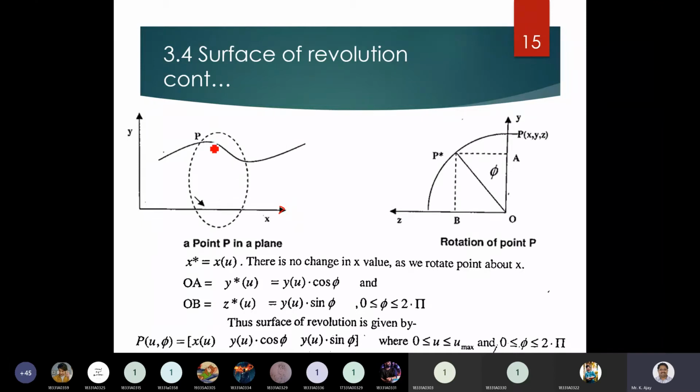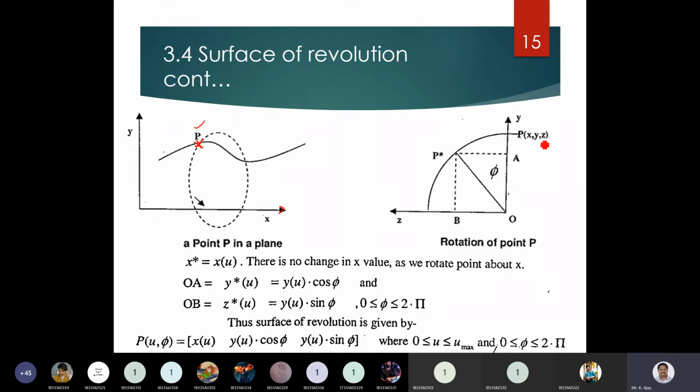When the curve is lying in the xy plane, let us say we take any point on the curve, represented with P. P has its own coordinates x, y; when the curve is lying in the xy plane, it will be x comma y comma 0.